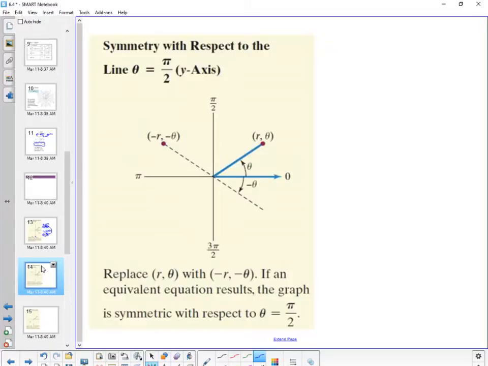Because that's how I'm going to check if you have y symmetry. If it's in the second quadrant, it has to be negative r and negative theta? I said the second quadrant. Okay.